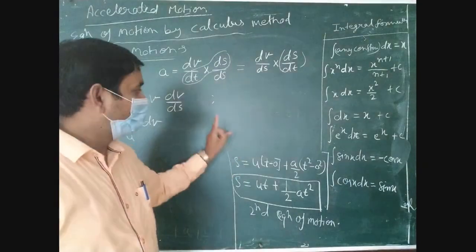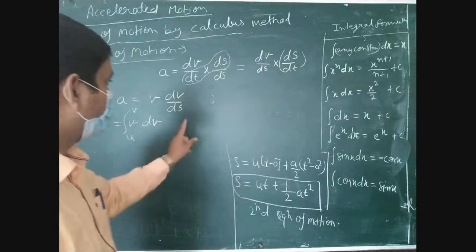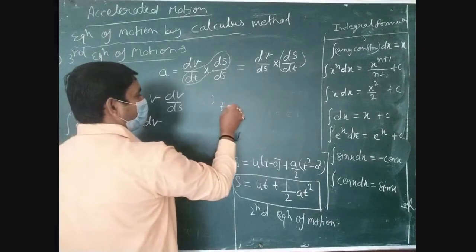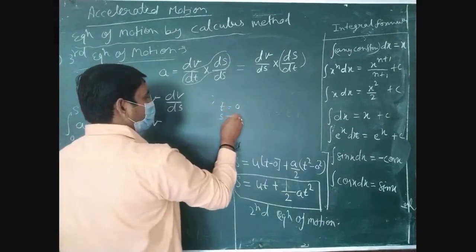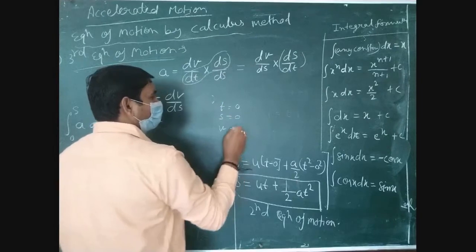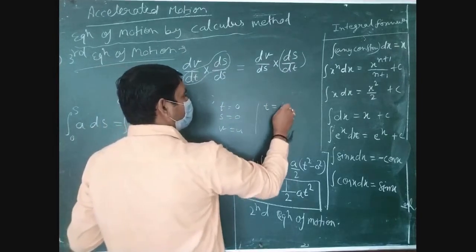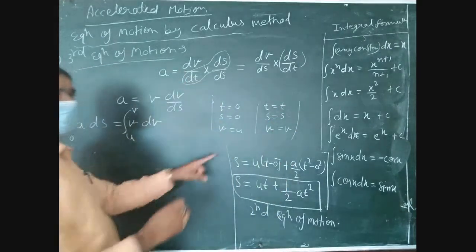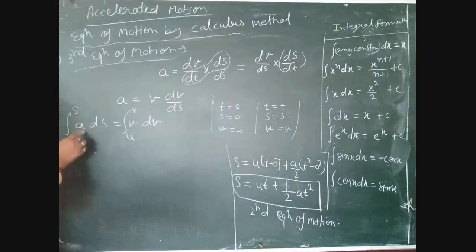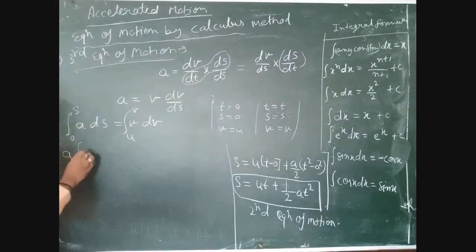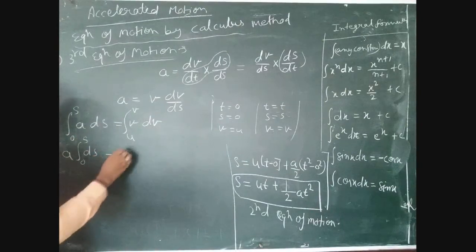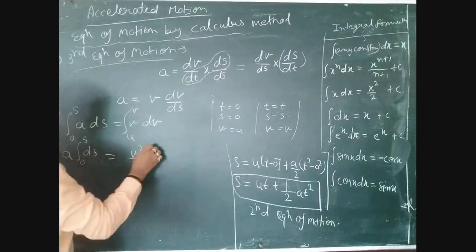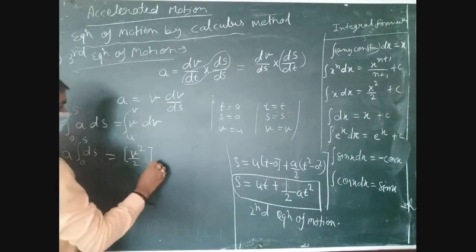You know how the limits are taken. At t equal to 0, s equal to 0, v equal to u, and at t equal to t, s equal to s, and v equal to v. These are the limits for this third case. Now a is constant, so we get a integral ds from 0 to s, and for v dv we get v square by 2 from u to v.